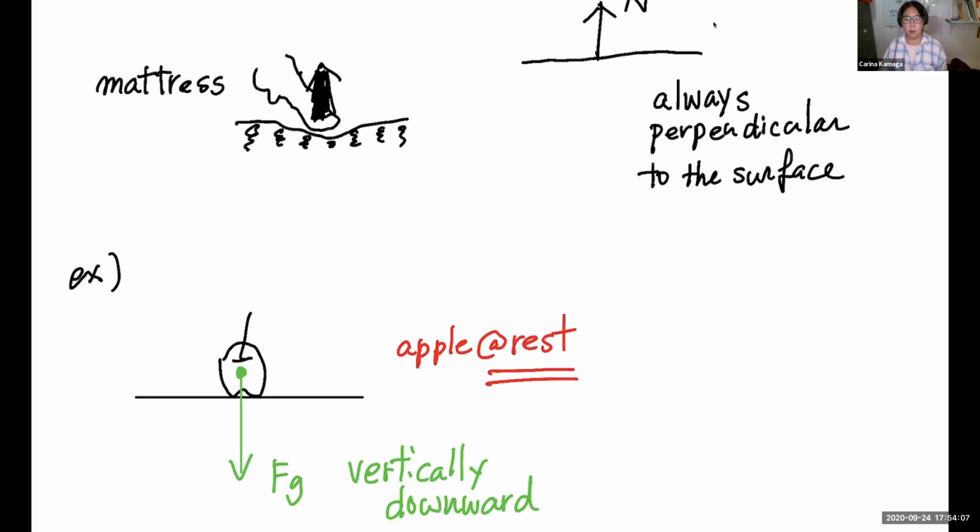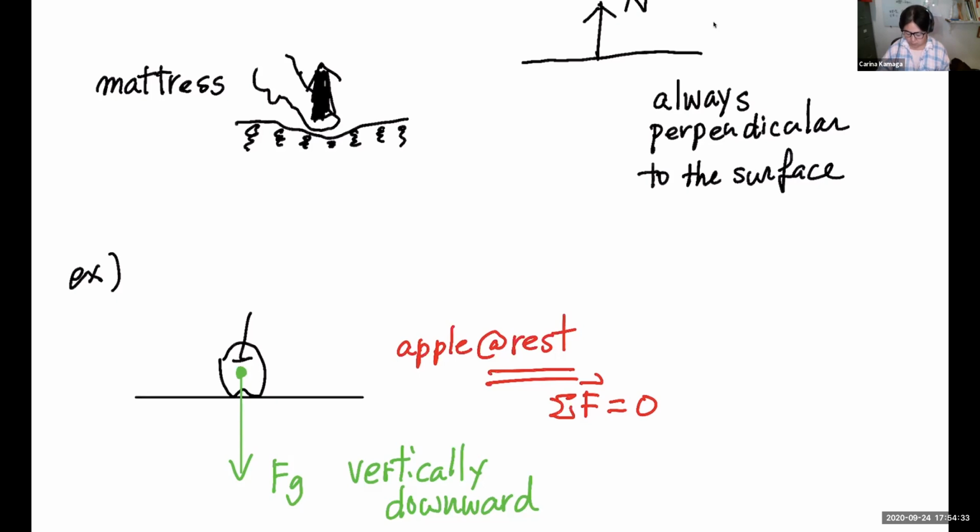So when the apple is at rest, what's the net force on the apple? The net force has to be equal to 0. That means what else is the force exerted on the apple? You have a gravitational force vertically downward, and the normal force, the support force.